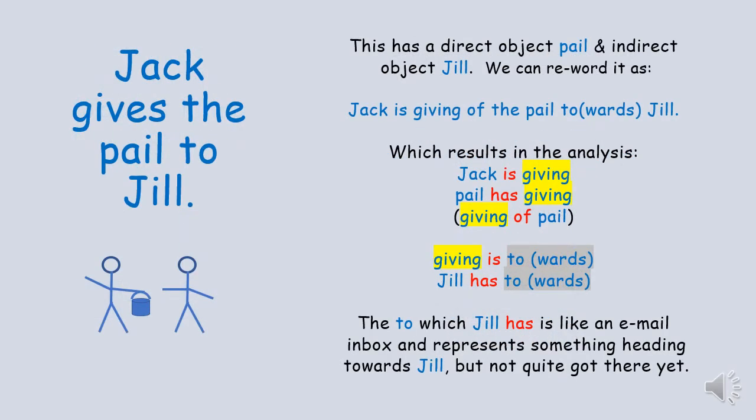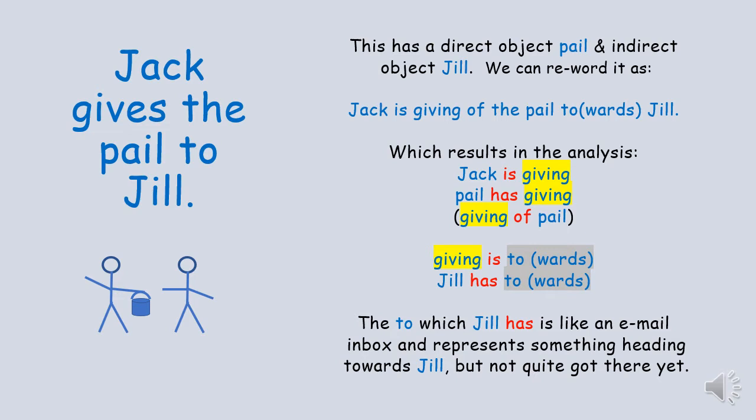This is an even more complex example. Jack gives the pail to Jill. This has a direct object, pail, and an indirect object, Jill. We can reword it as Jack is giving of the pail to, also expressible as towards, Jill, which results in the analysis Jack is giving, pail has giving, expressible as giving of pail.